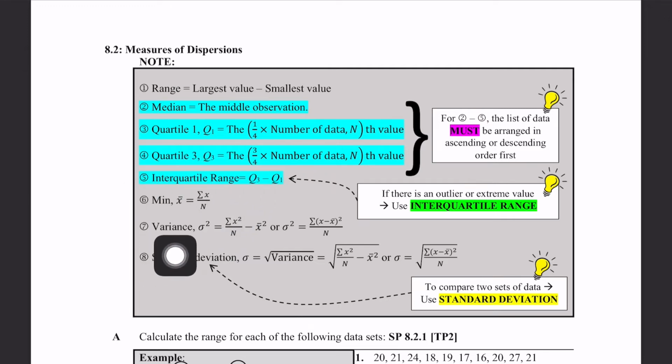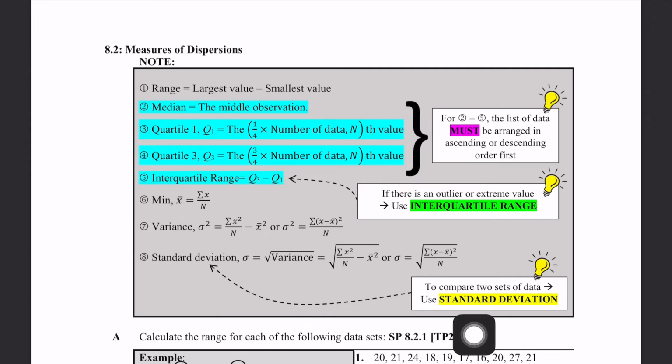Okay, next variance. Inilah rumus variance, ada dua. There are two formula for variance. You can use which one you like. And standard deviation is just square root of variance. So to compare two set of data, use standard deviation. Di sini saya nak bagi tahu why we use standard deviation.